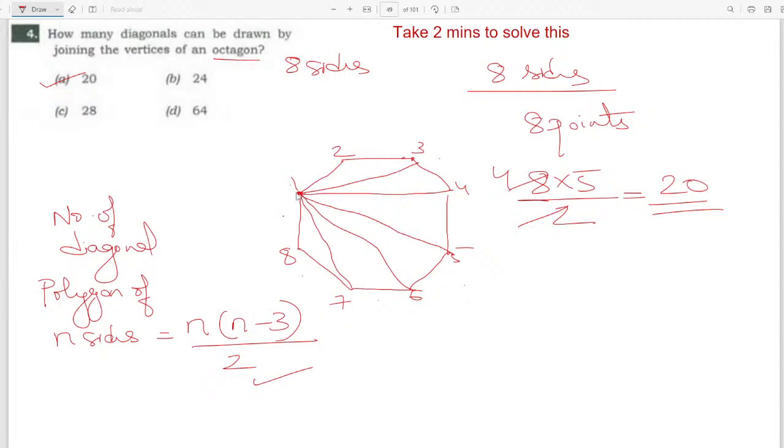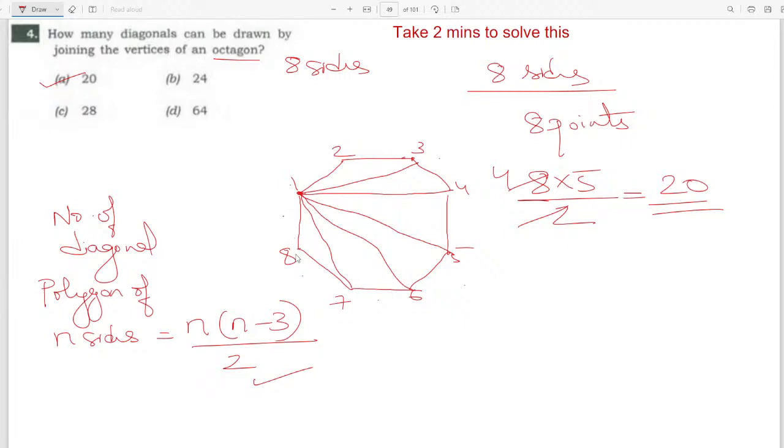So take a vertex here, that is vertex 1. To draw a diagonal, you have to connect it with the next vertices. You cannot connect it with vertex 2, because that would become the side of the octagon, not a diagonal. So the next point that you can connect from 1 is 3, and then 4, 5, 6, 7.